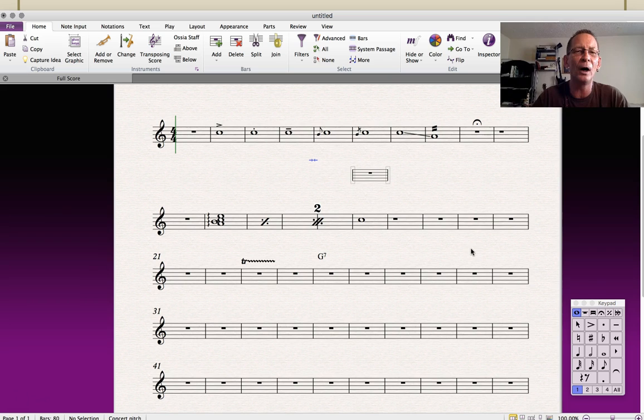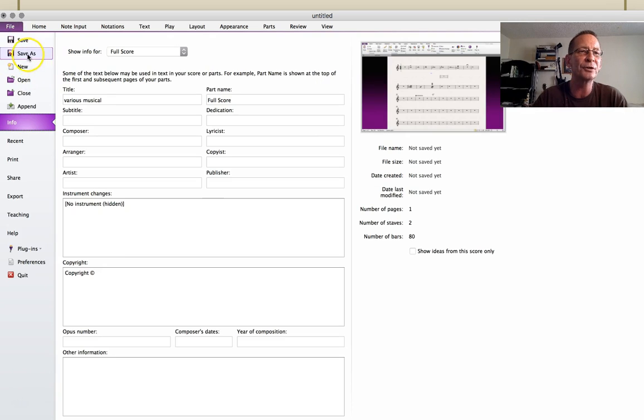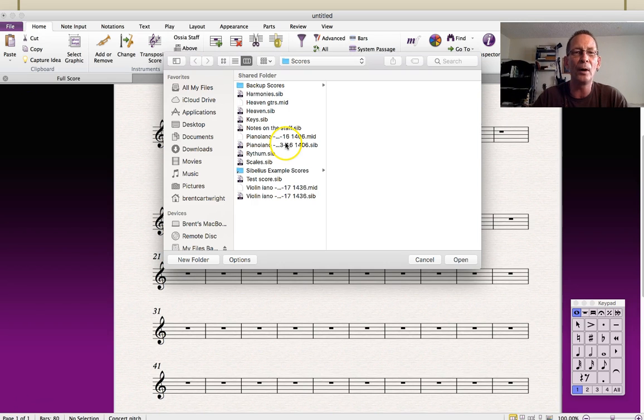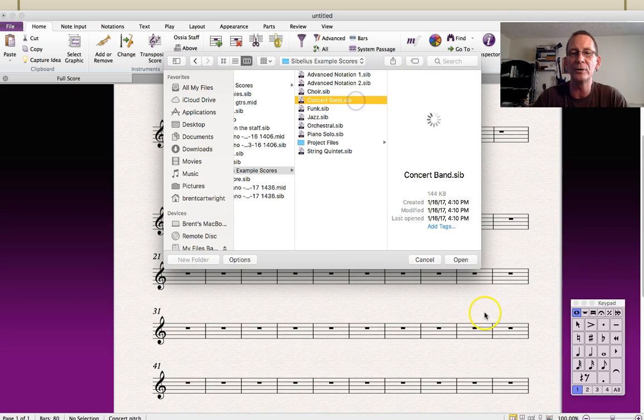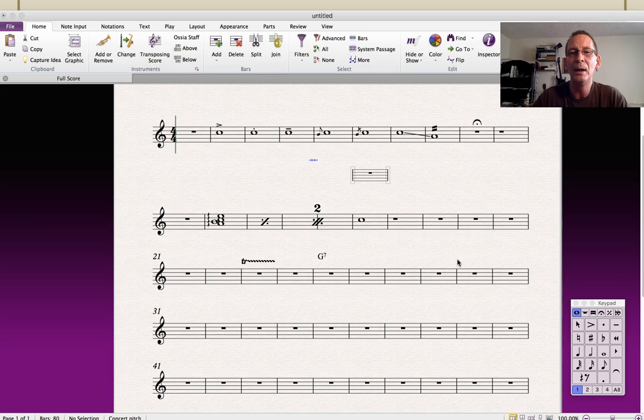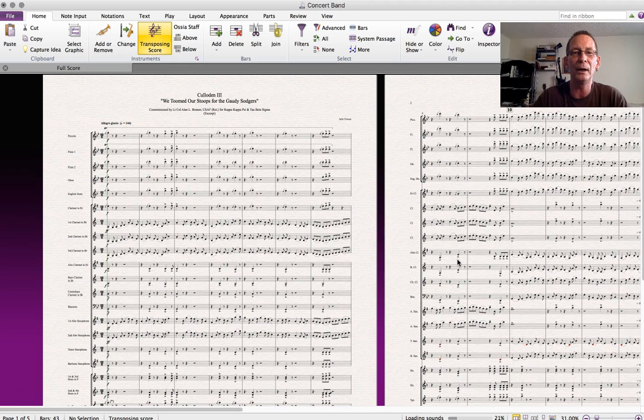So I think we've covered most of it, the basics anyway. Whenever you're looking at a score, even an example score like a concert band, and you open it up, you should be able to look at any of these things on here and understand what's happening there.